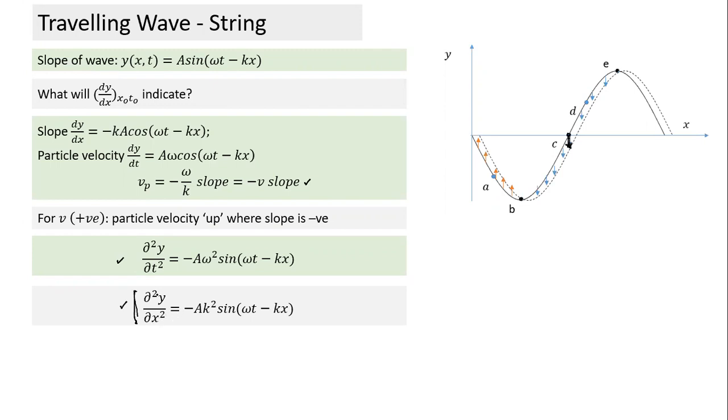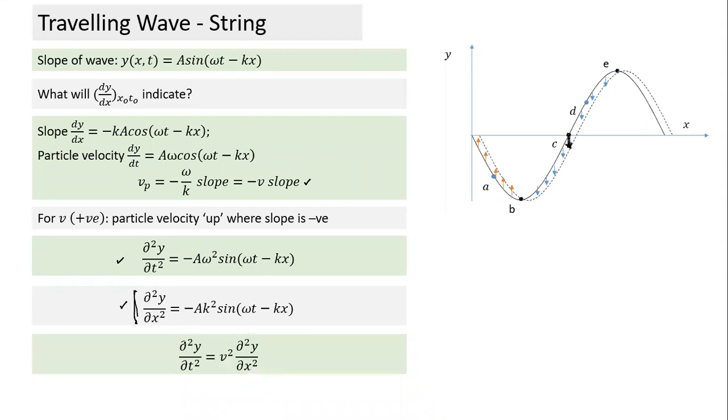From here also, if we take the ratio, if we divide this equation by this equation, on the right-hand side we get omega squared by k squared. And what is omega by k? Omega by k is the wave velocity. The ratio of these two is equal to the square of the wave velocity, and wave velocity is constant.